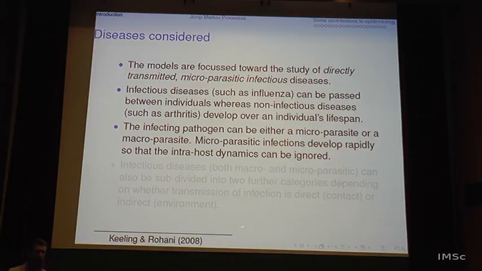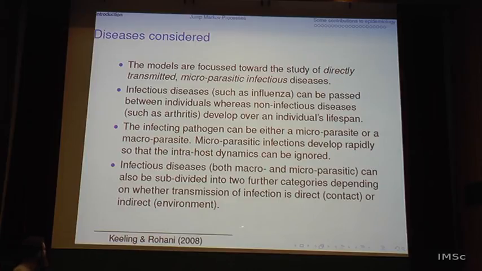So usually our models don't include any within-host dynamic. And finally, whether it is a micro or a macroparasite, usually you can have either direct or indirect transmission. And here, because we're going to use some mass action assumptions, we're going to consider just what we call directly transmitted microparasitic infectious diseases.